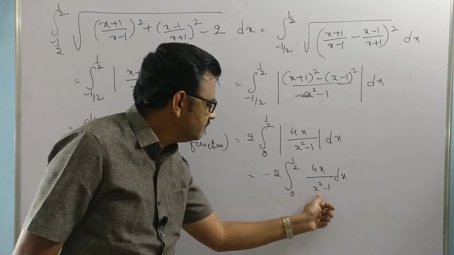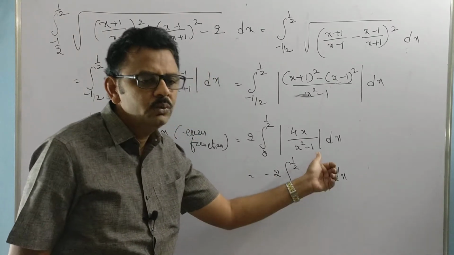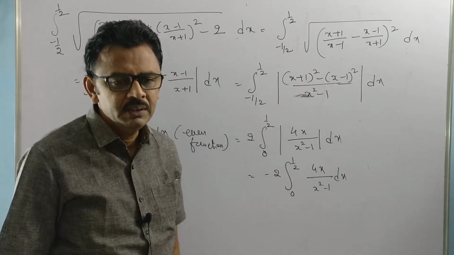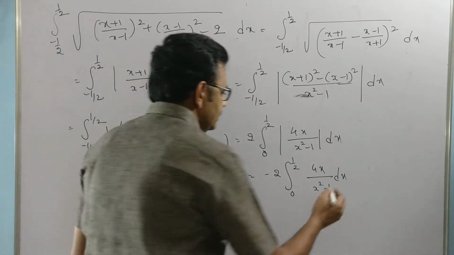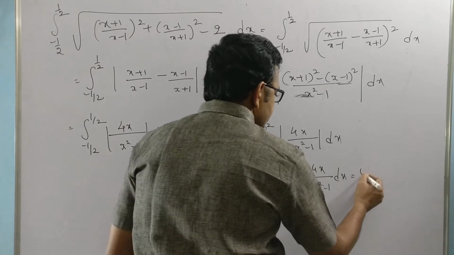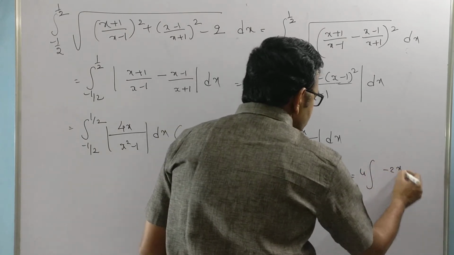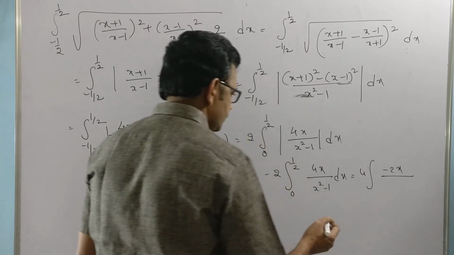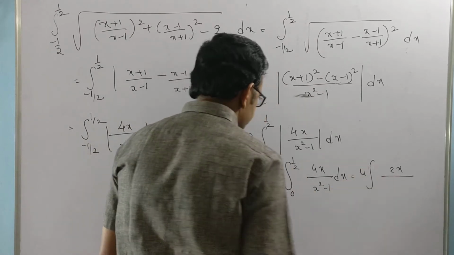Now the derivative of x square minus 1 is what? 2x. f dash x by f of x integrates to log mod f of x. So you can write 4 outside, and minus 2 inside. Of course, it is not necessary.